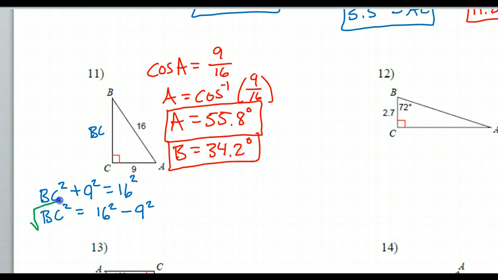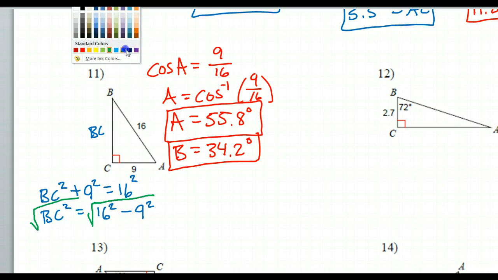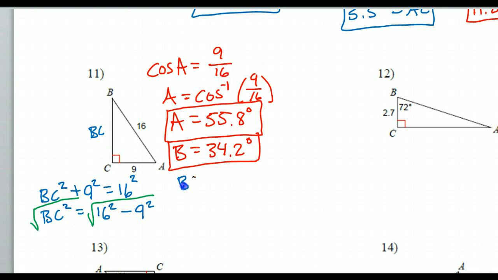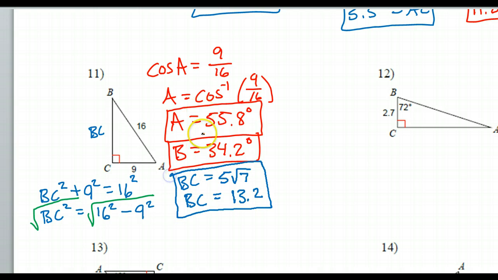So if I take the square root of both sides, that's going to give me that BC equals, now I'm just typing the square root of 16 squared minus 9 squared in my calculator. Okay, that is 5 radical 7, which is the same thing as 13.2. Well, it's approximately 13.2. Okay, so there's our three things for number 11.